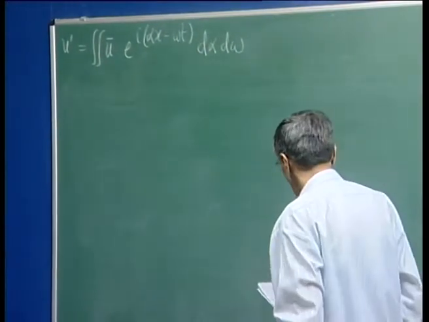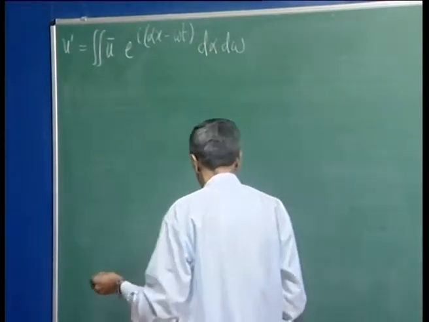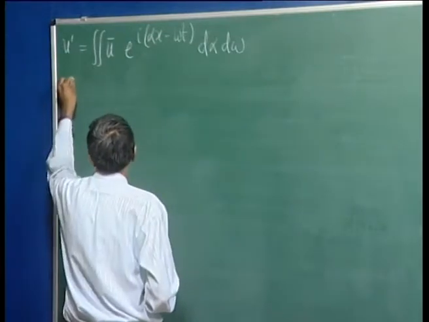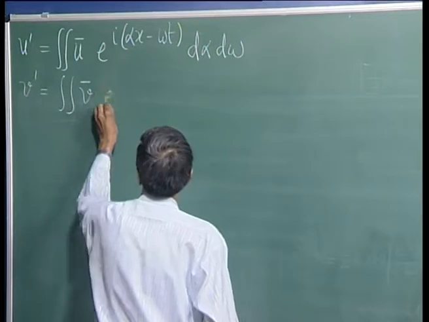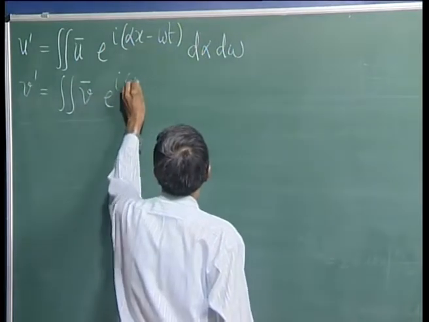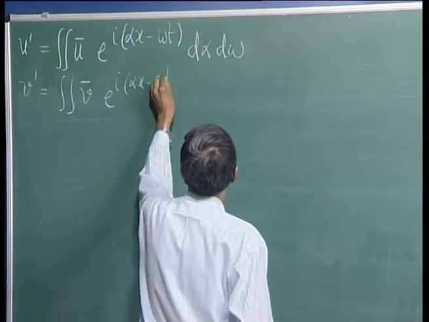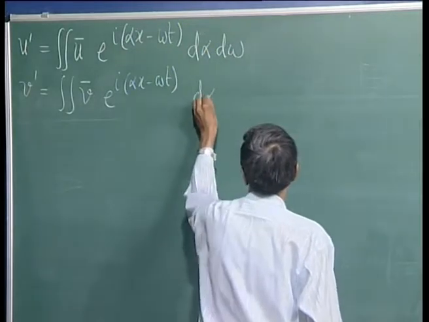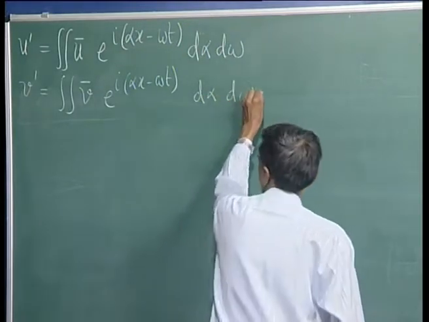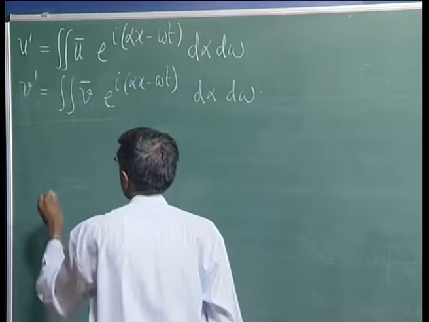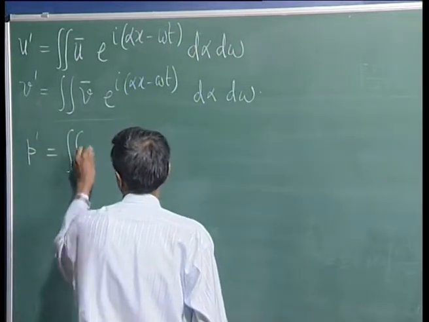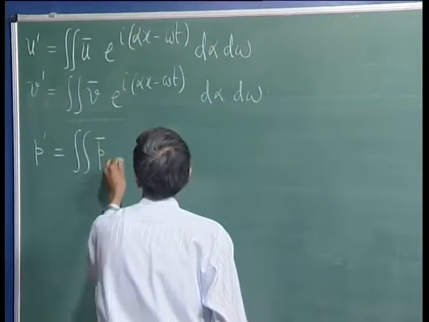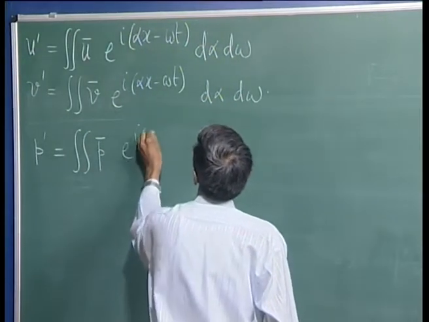Similarly, v prime is v bar e to the power i alpha x minus omega t d alpha d omega. p prime should be equal to its amplitude p bar times the phase.